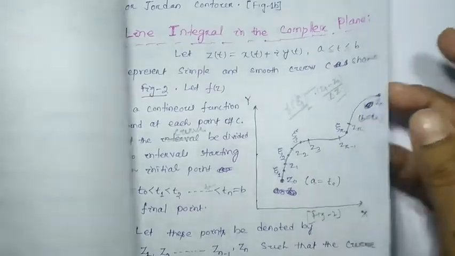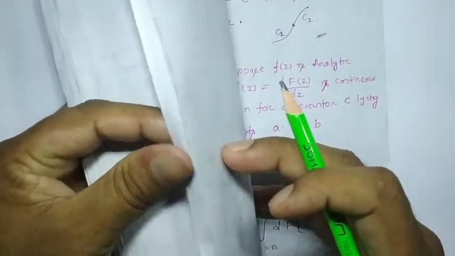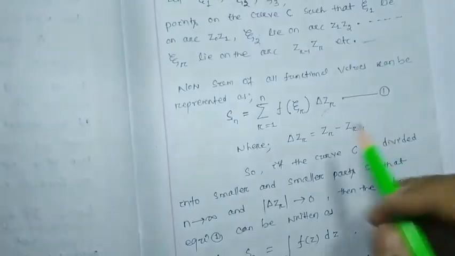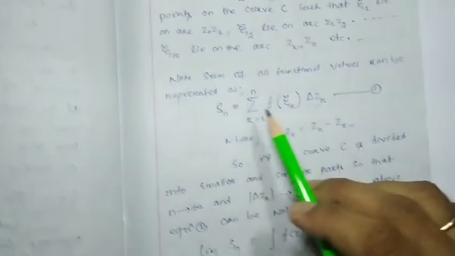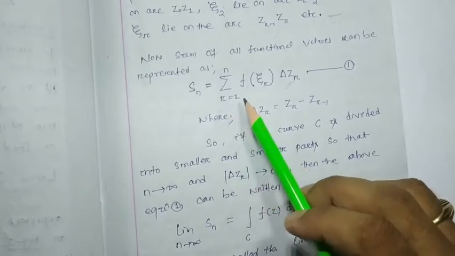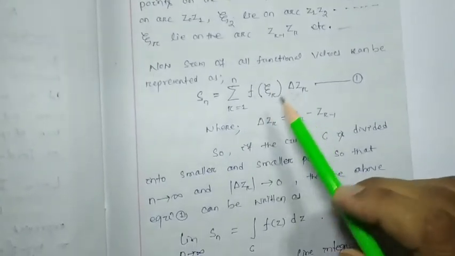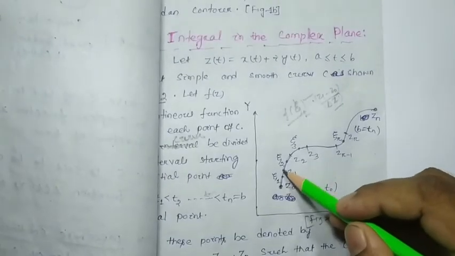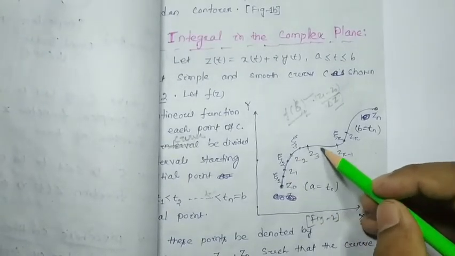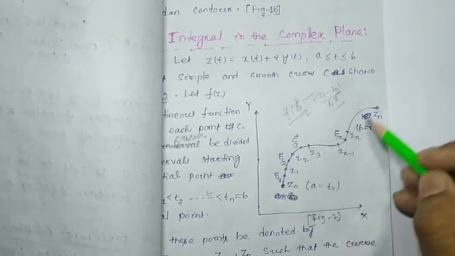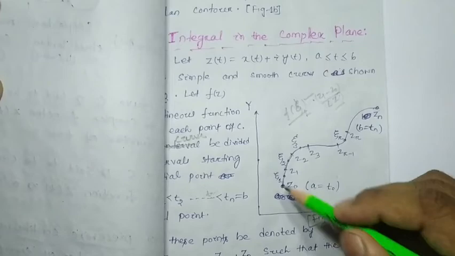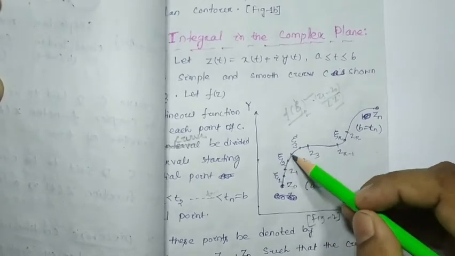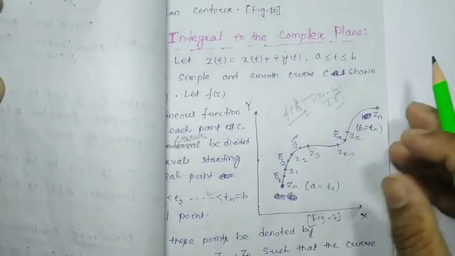Same thing has been written as f(xi r) del zr, where r varies. Likewise here also we are going to get the functional value. Then the functional value for the whole curve will be the addition of all the functional values for each and every arc.